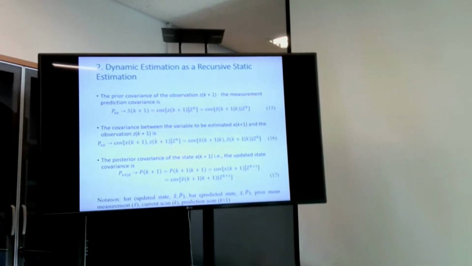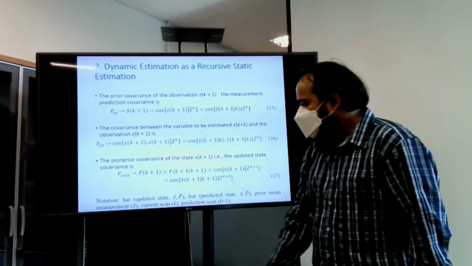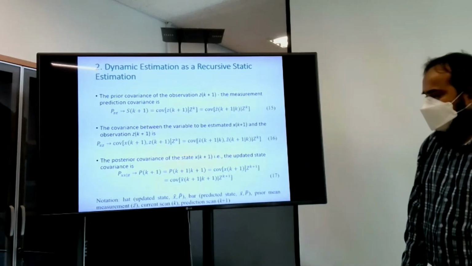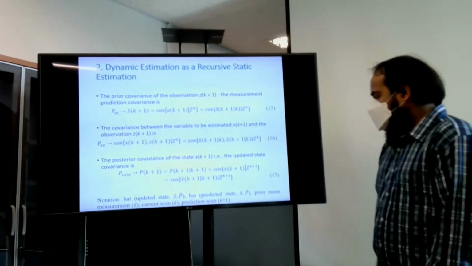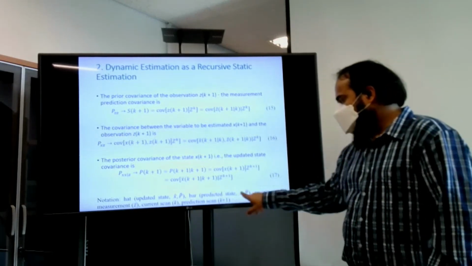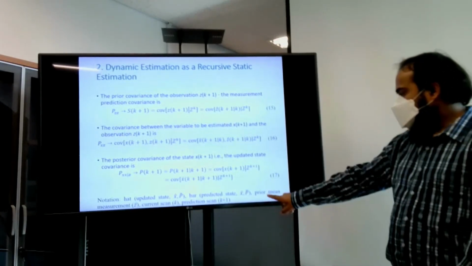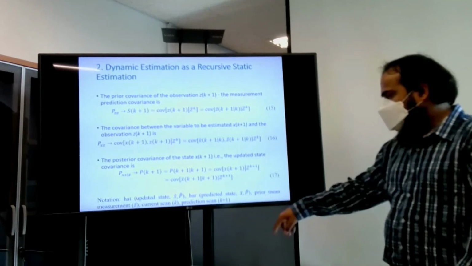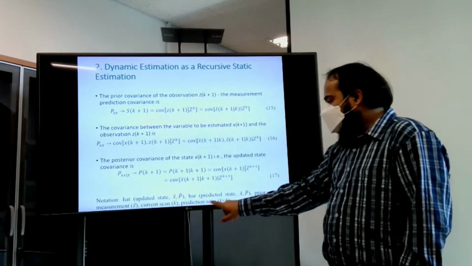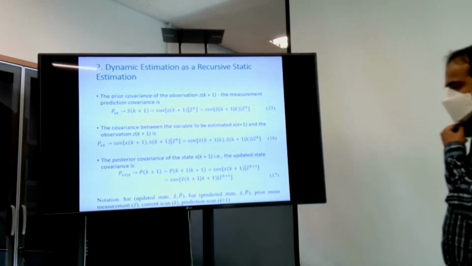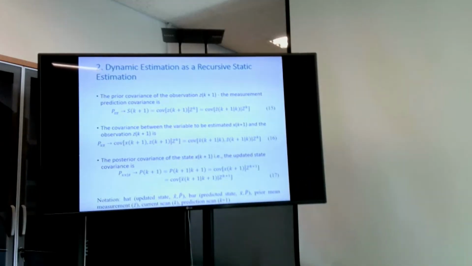Okay, so you have to remember the notation that we will use. The updated state or filter value has a cap, and the prediction has a bar sign, and similarly the predicted mean measurement has a z and bar, the current scan, and the prediction state k plus 1. Clear?